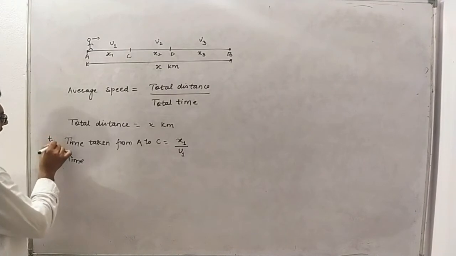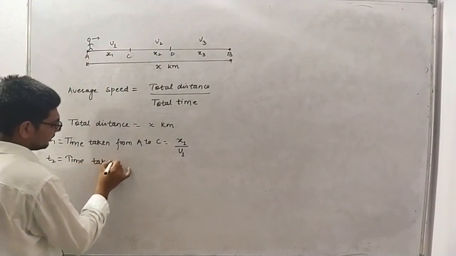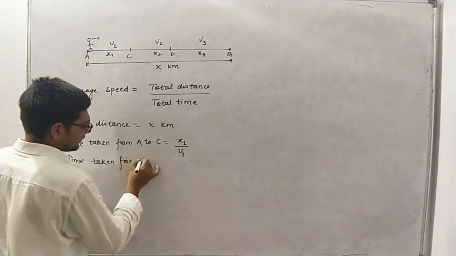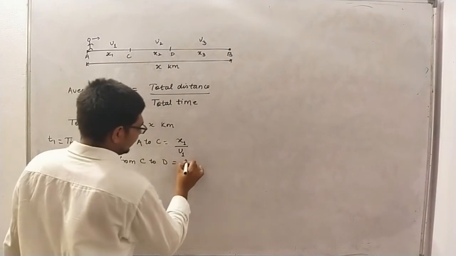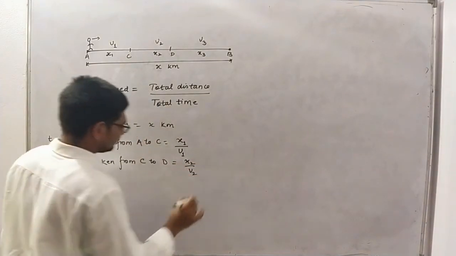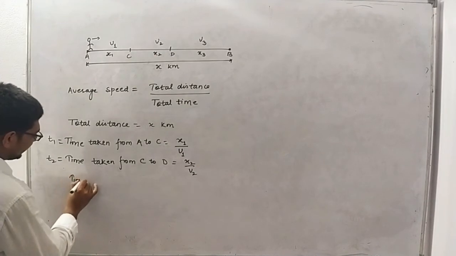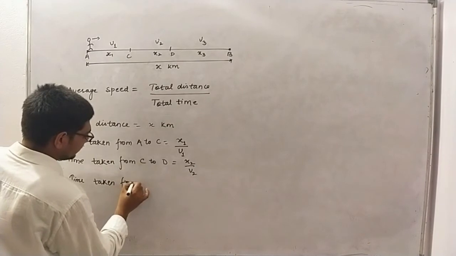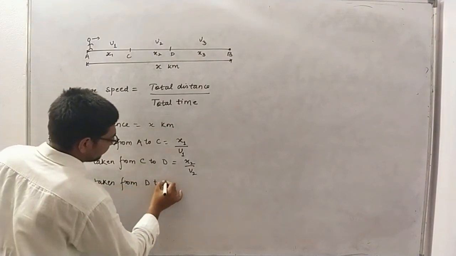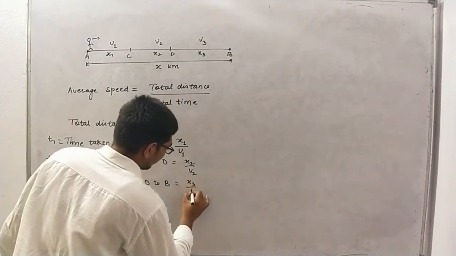Let us call this time t1, this time t2. Time taken from C to D is equal to x2 upon v2. And let us calculate now the time taken from point D to B. That will be equal to x3 upon v3.